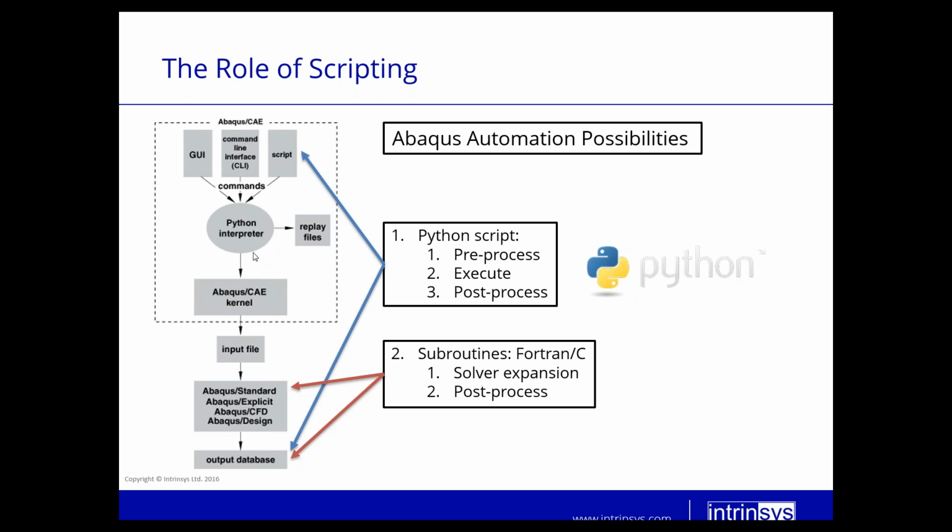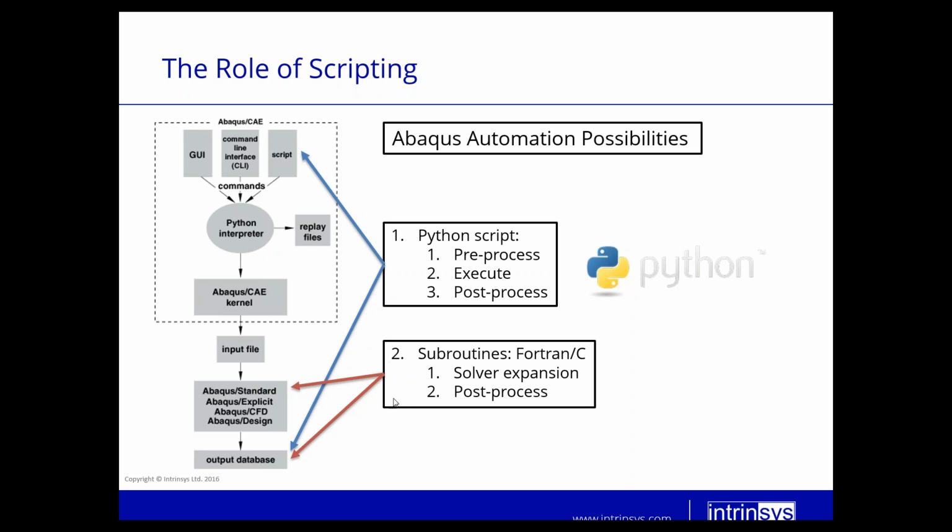So when we are doing pre or post processing, we can use a Python script to automate this process. The script we write would be interpreted and would drive the kernel of Abaqus CAE, as opposed to us clicking through all the activity that we usually do. We can also use scripting to get results out of the output database or to even generate additional results.